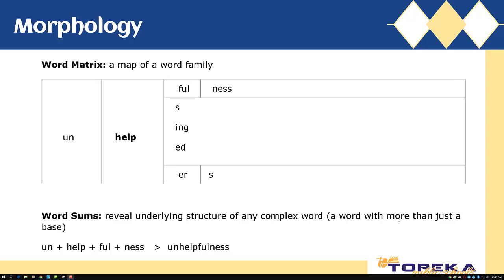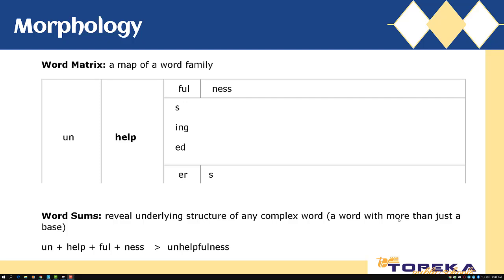When you access the larger article, within that article you'll see the embedded activity of a word matrix. And in a word matrix, what you're simply doing is taking prefixes, base words, root words, and suffixes in order to combine and make new words. You'll see that is called a word sum.